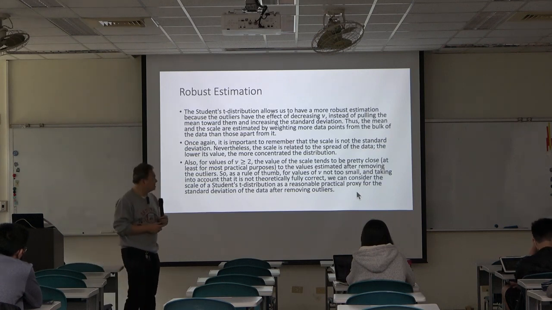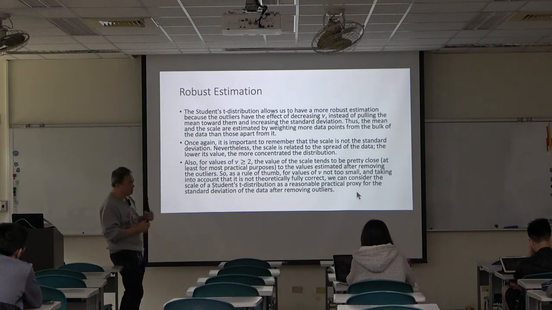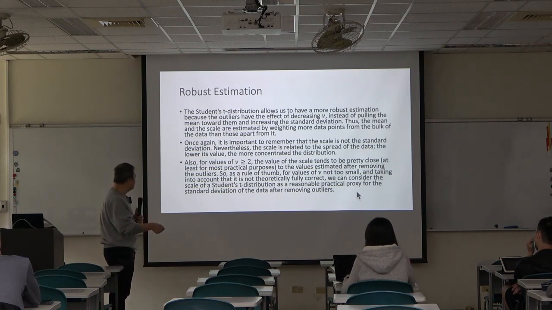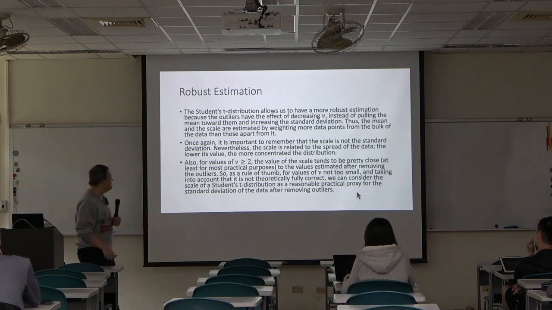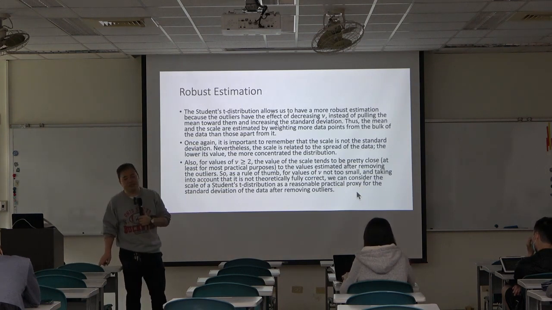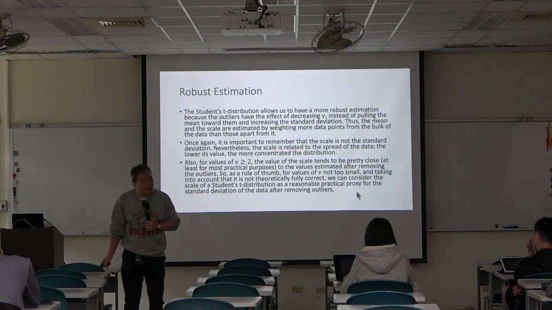So you can see that the student t distribution is able to handle the outlier, much more robust than the previous model. So as a rule of thumb, for values of v not too small, and taking into account it is not theoretically fully correct, remember, the model is always an approximation, we cannot consider the model 100% correct anyway.